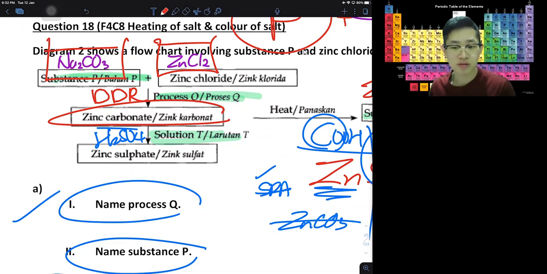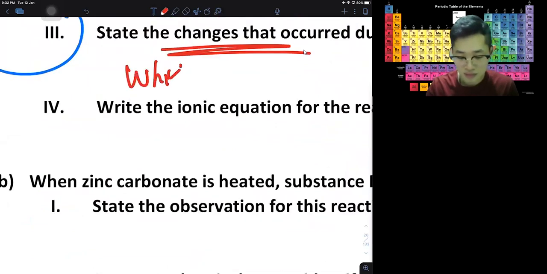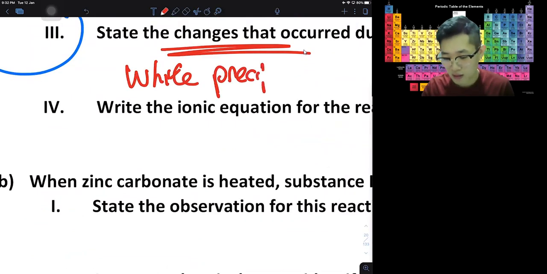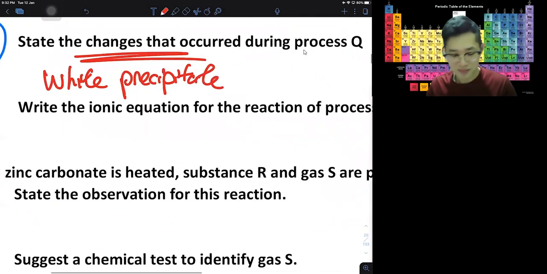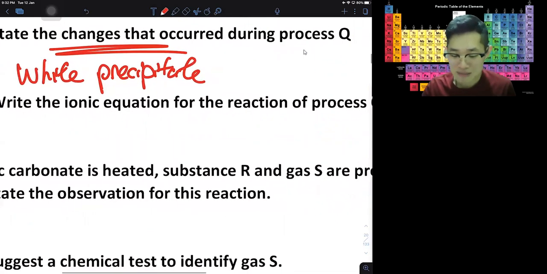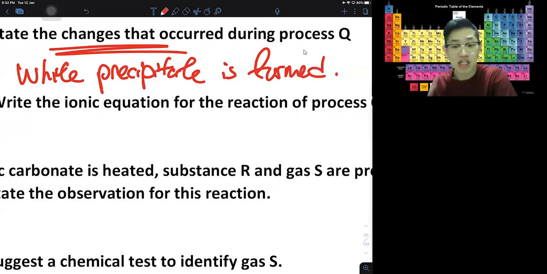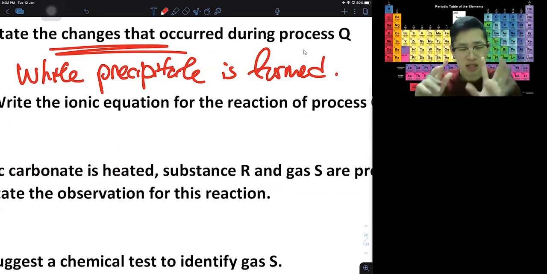The rest of you, give me one more correct answer, please. Jinhui, very good. Observation always give me color. Unless there's no color, you can tell white precipitate is formed. Precipitate means the insoluble salt. You will see when you mix them together, you will start to see a bit cloudy because the white color salt starts forming out.